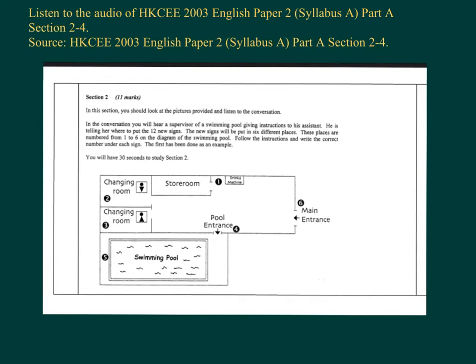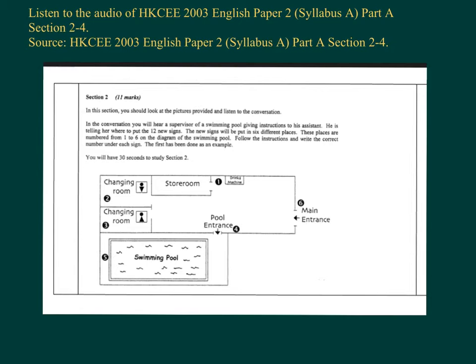Section 2. Look at page 3 of your question-answer book. In this section, you should look at the pictures provided and listen to the conversation. In the conversation, you will hear a supervisor of a swimming pool giving instructions to his assistant.